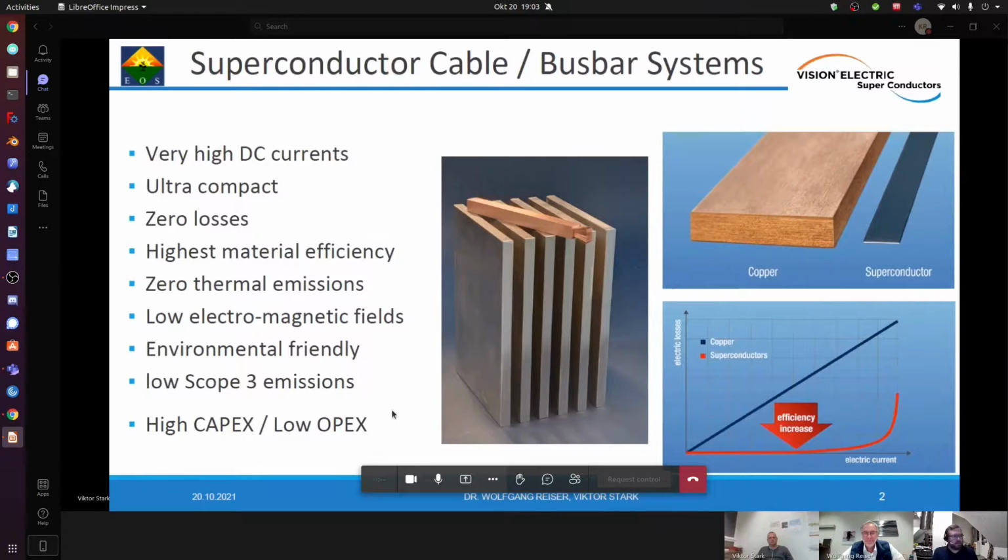Great, thank you. So you explained the benefits. The obvious question is, cost-wise, are superconductors more expensive? Yes, but it depends on the view. What is more expensive today is the capex.